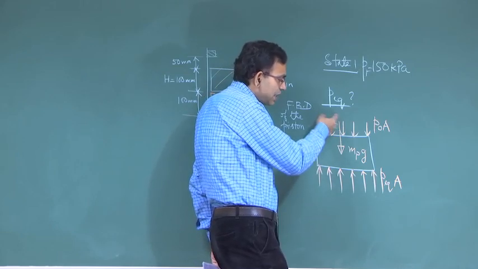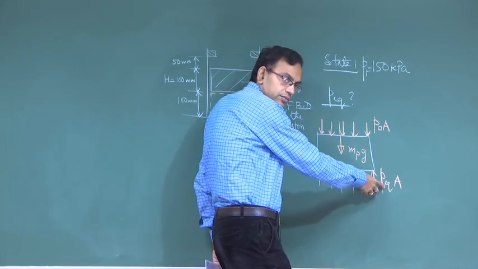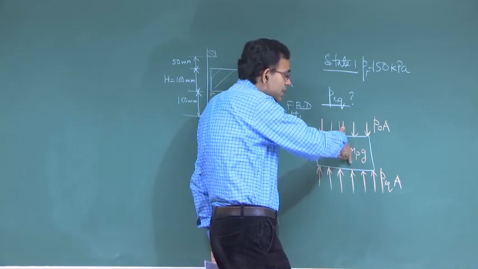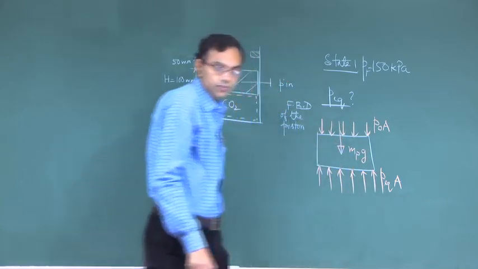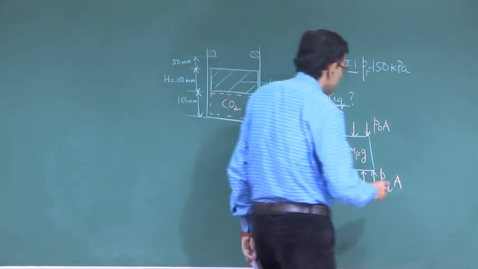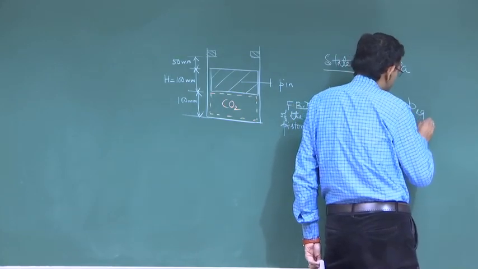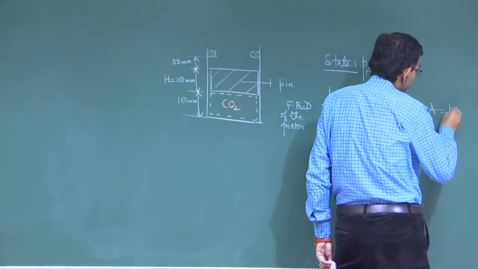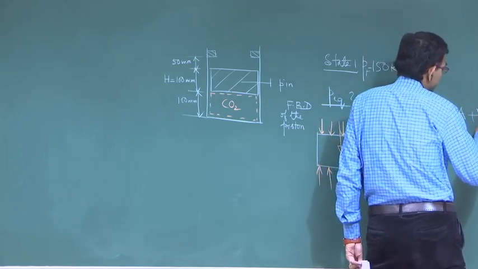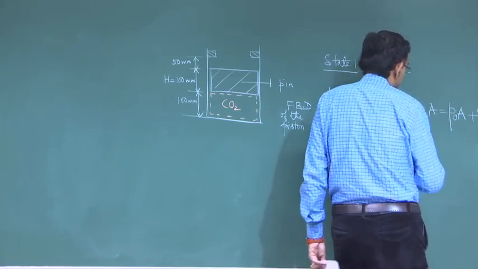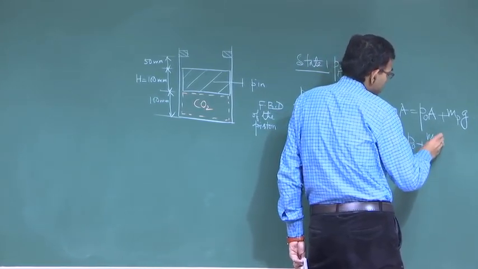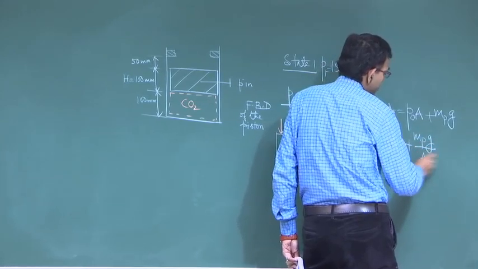If the volume is changing, locally it is always in equilibrium, that means the resultant of these forces is 0. So, we can write P equilibrium times A is equal to P0 times A plus mg. So, P equilibrium is equal to P0 plus mg by A.